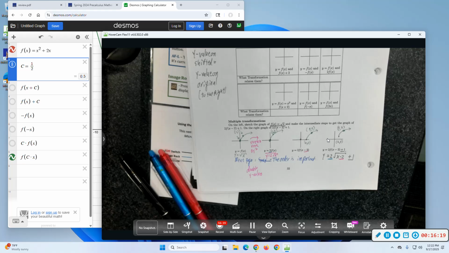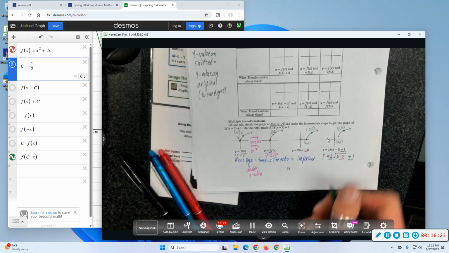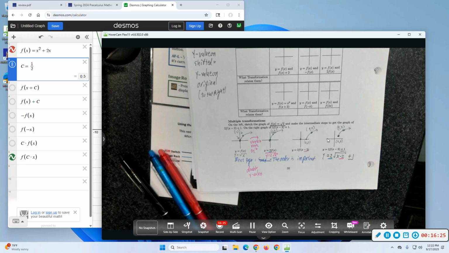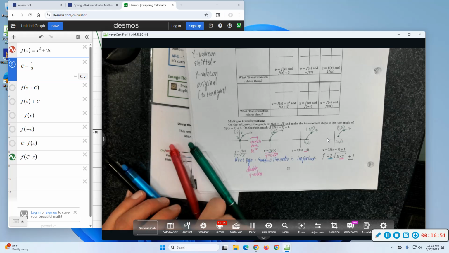So, let's do one check first. Let's see if we believe that this graph is correct by seeing if it has some correct properties that we'll check directly. By looking at that graph, what is a thing that you would predict about this function? What is its domain? 2 to infinity.